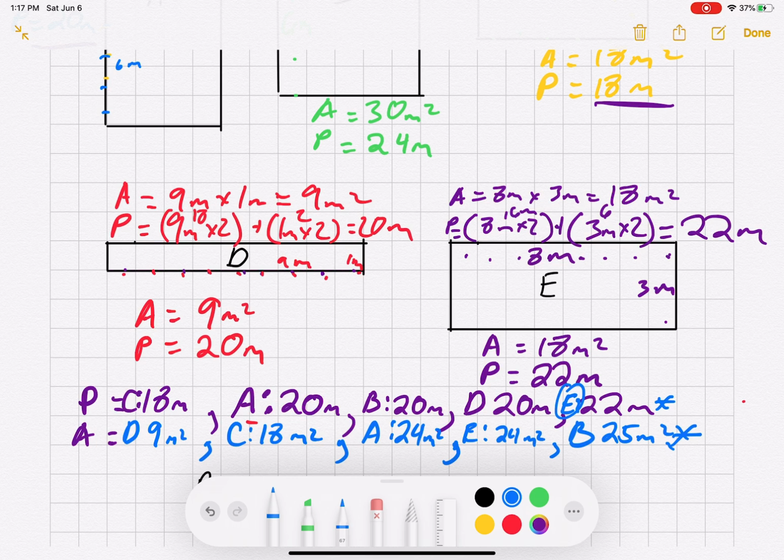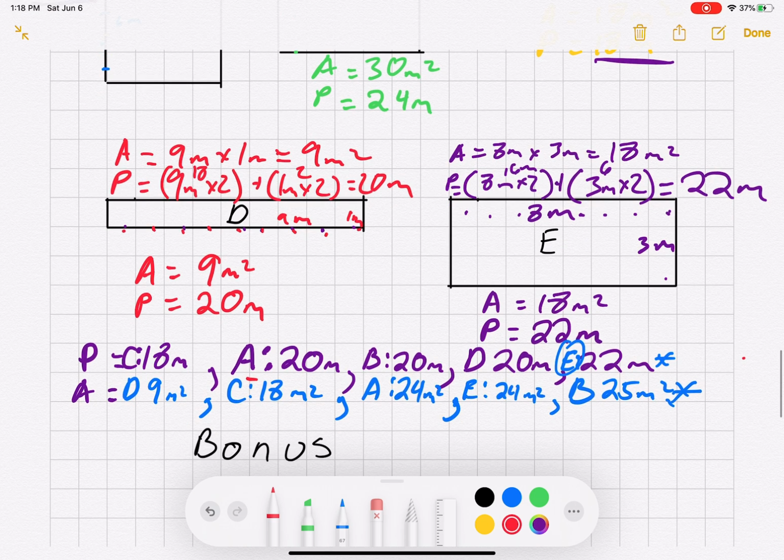Does the rectangle with the smallest perimeter also have the smallest area? No, right? Are there rectangles with the same area? So if we look here, we have rectangles that have the same area. Do they have the same perimeter? No.